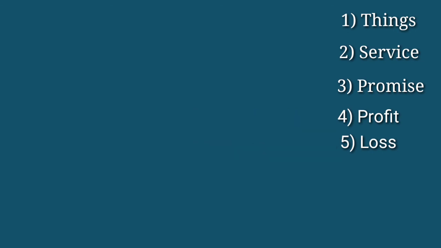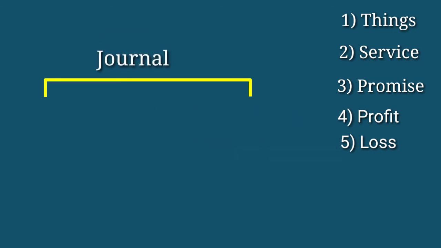Okay. For example, your uncle gives you a mobile. You get a mobile from your uncle. You know the mobile cost is 5,000. But you are not giving any things or service or any promise to your uncle. No need to pay anything.